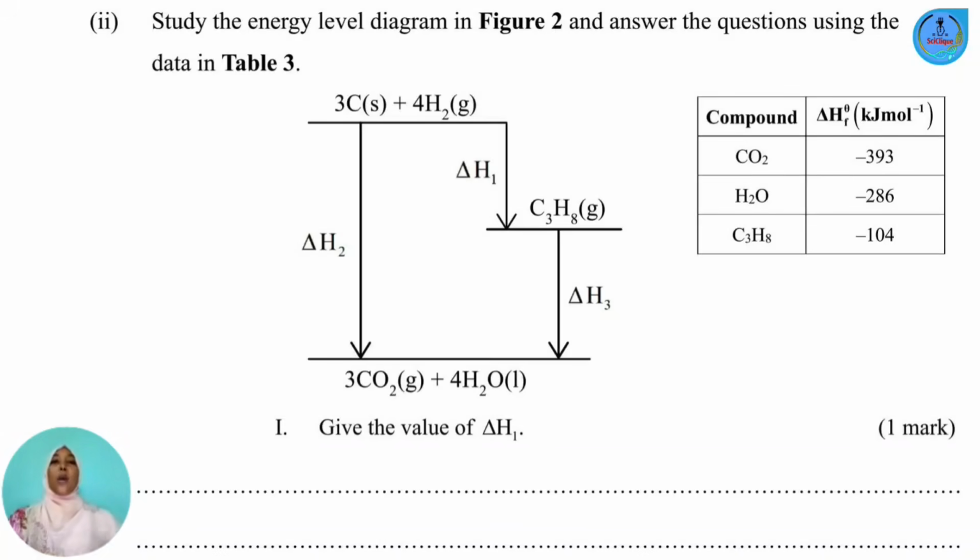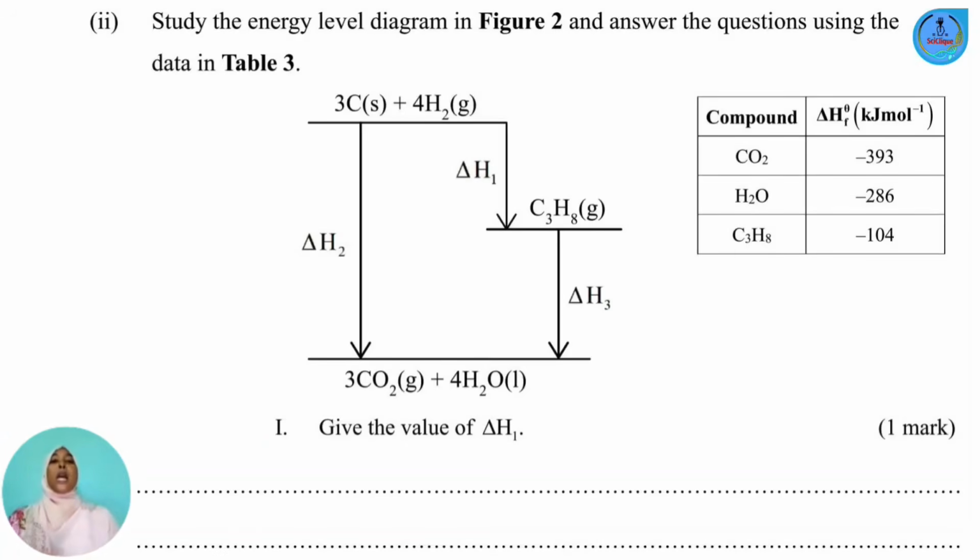Now, our end point is at the very bottom, where we have the end products being carbon 4 oxide and water. I just want to make this clear for us. Our starting point is at the top, where carbon is reacting with hydrogen gas. Our end point is at the bottom, where we have the products being carbon 4 oxide and water.